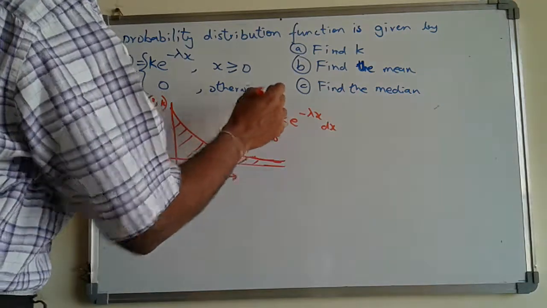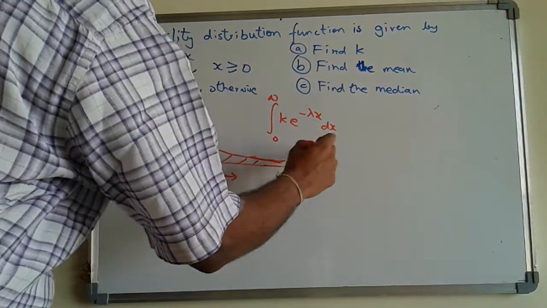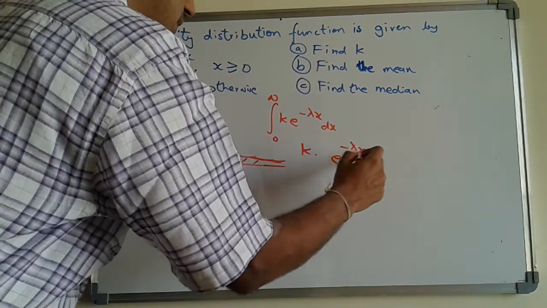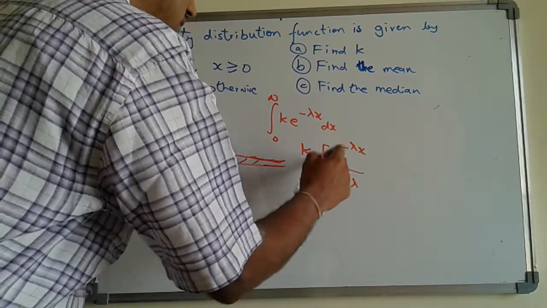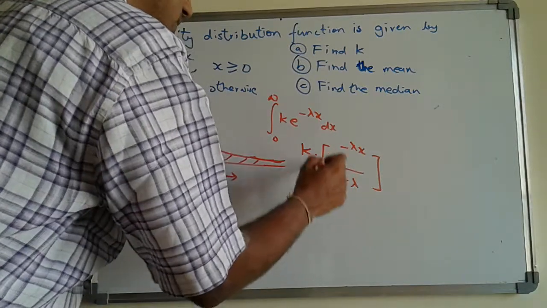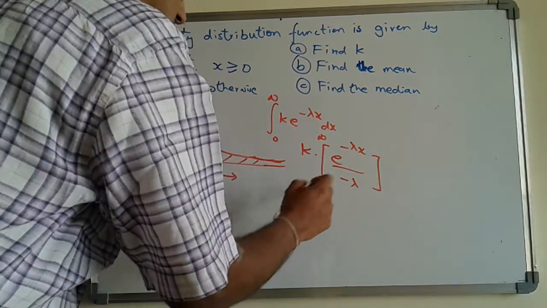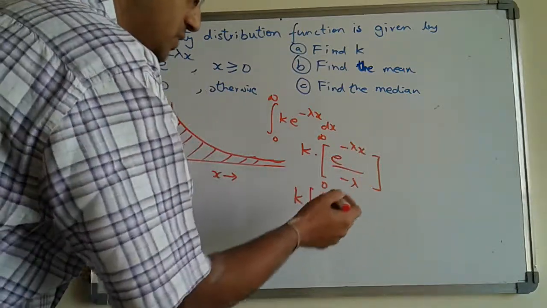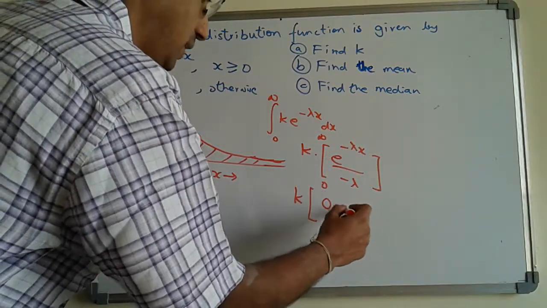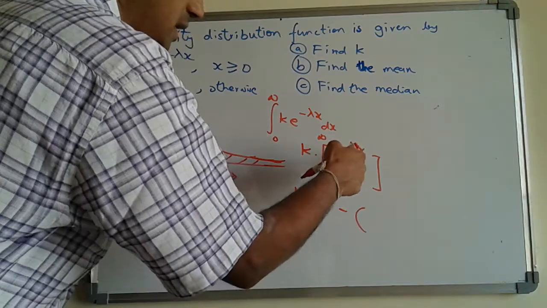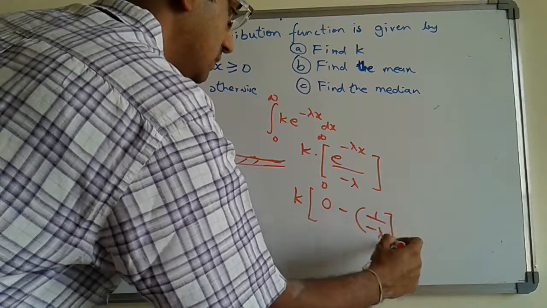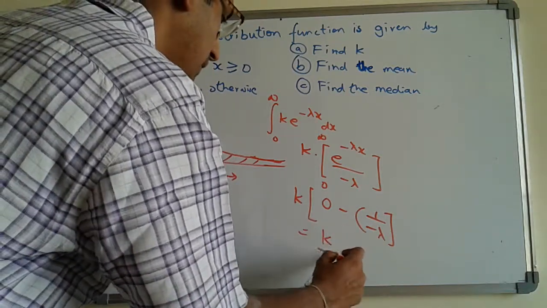So it's 0 to infinity, which is k times the integral of e power minus lambda x, which is e power minus lambda x by minus lambda. Let's apply the limits from 0 to infinity. The upper limit is e power minus lambda times infinity, which is 0, minus the lower limit, e power minus lambda times 0, which is 1.